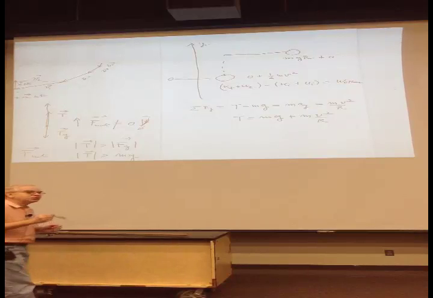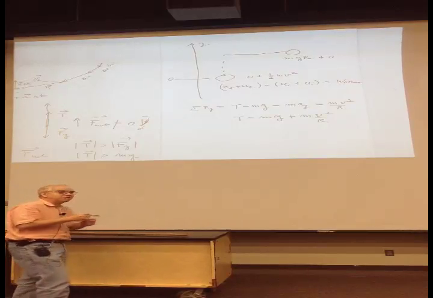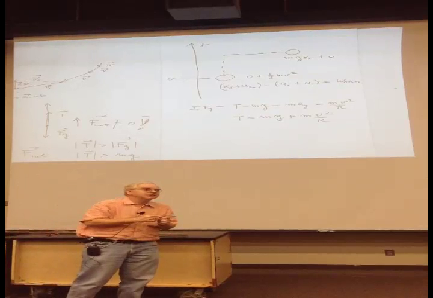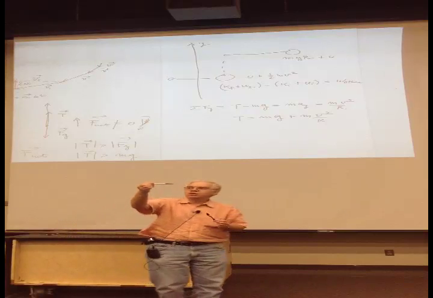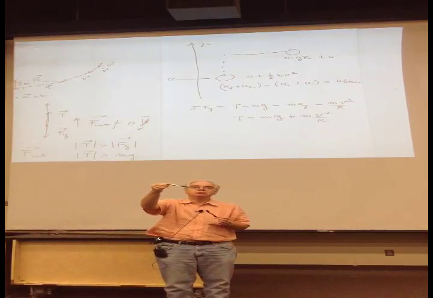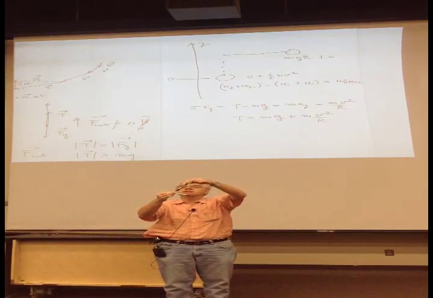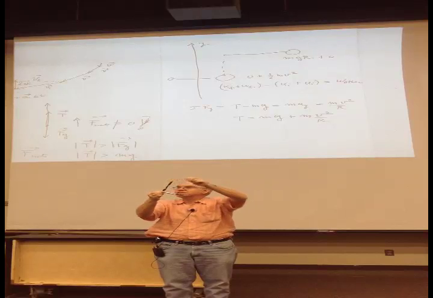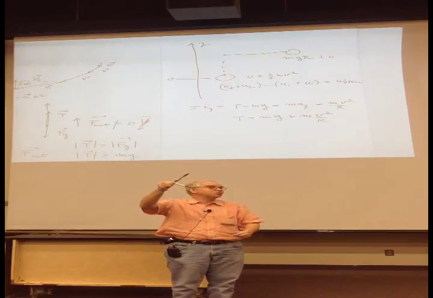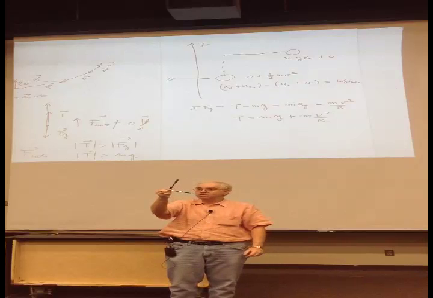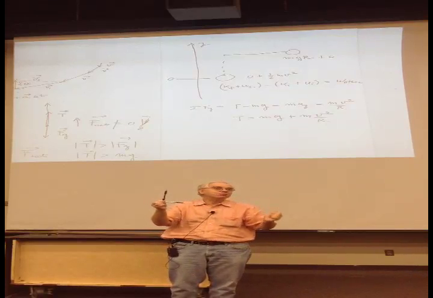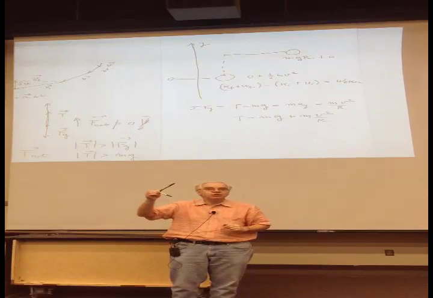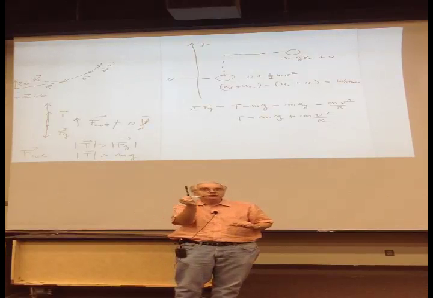And how are they exactly related? Because this object is moving in a circle. So if you have the velocity vector, which is the direction of the displacement, and the tension, what is the angle between them? It's 90 degrees exactly, because it's going in a circle. So when the force is at 90 degrees to the displacement, it never does any work. So this force is always perpendicular to the instantaneous displacement.